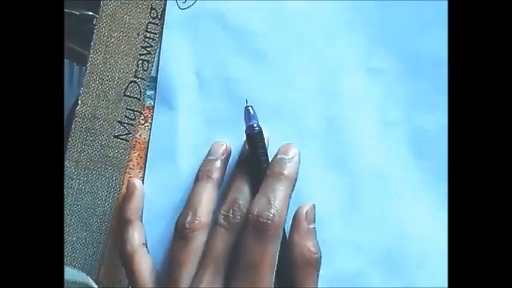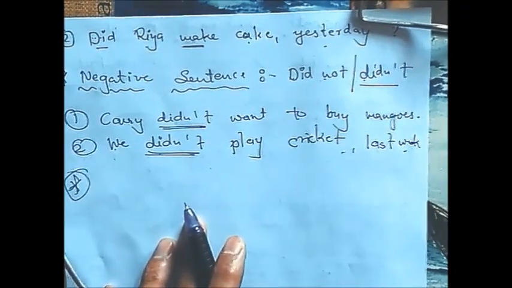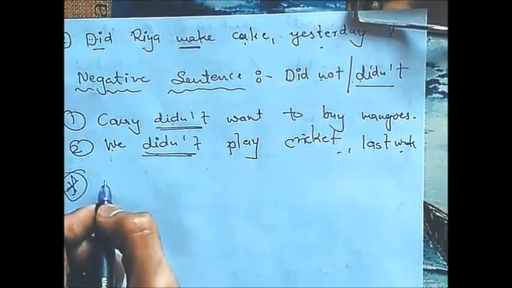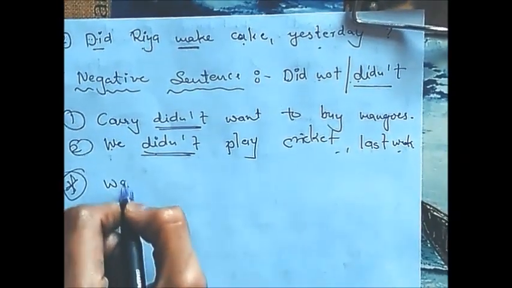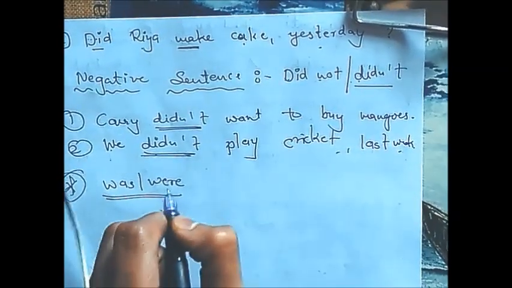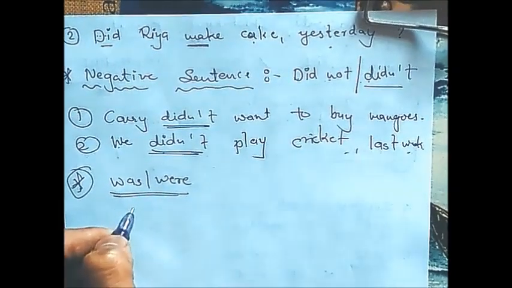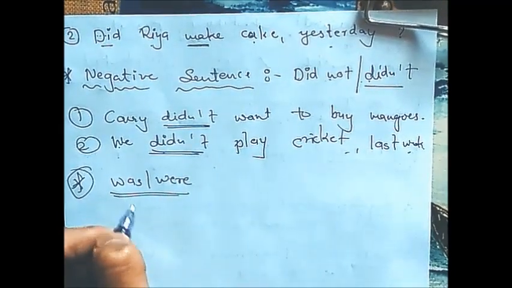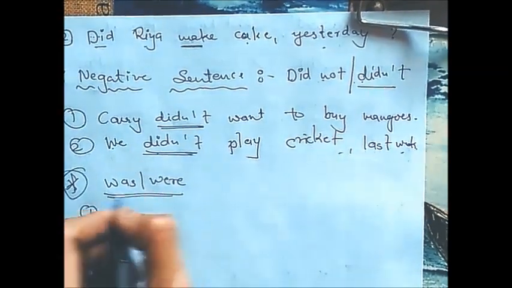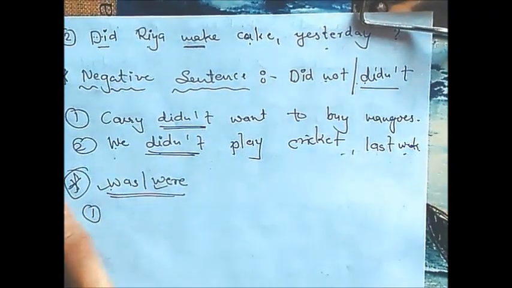Sometimes, instead of following the structure, by putting was or were, you can make the sentence for simple past tense. How? Let us see. In these sentences, was and were itself work as the verb form.